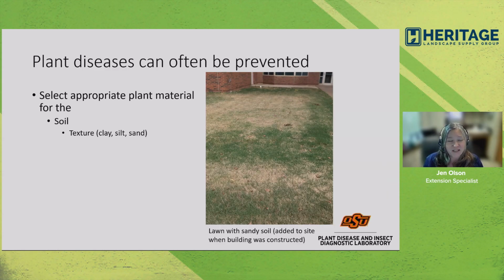So the building that I work in is shown in the background there. And I know that when this building was constructed, they brought in a lot of sand. And this is where that sand was piled. Actually, they added greenhouses on, and that's where they had the sand. And afterwards, they removed some of the sand, but this particular patch of grass has at least 8 inches of sand.